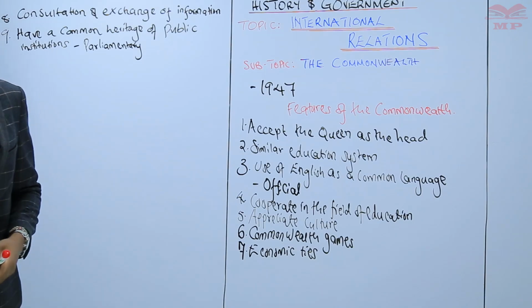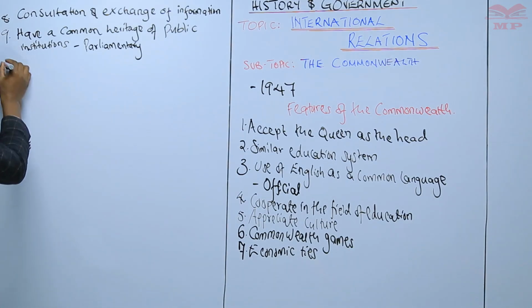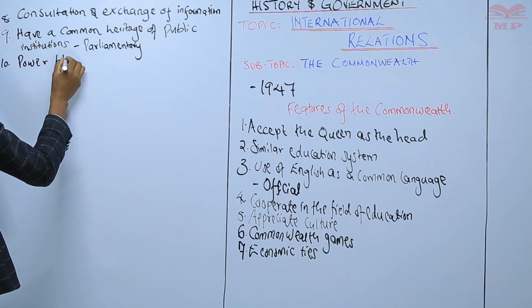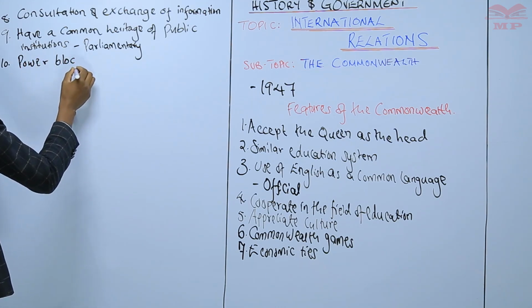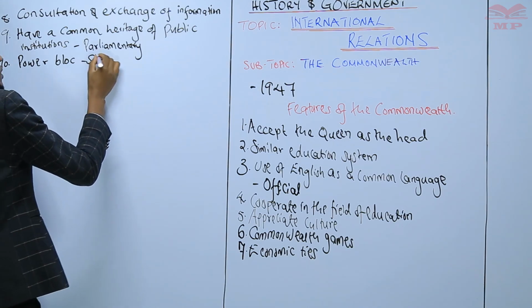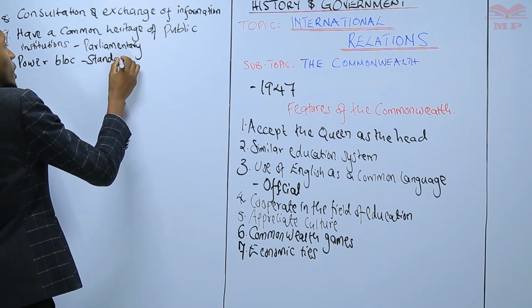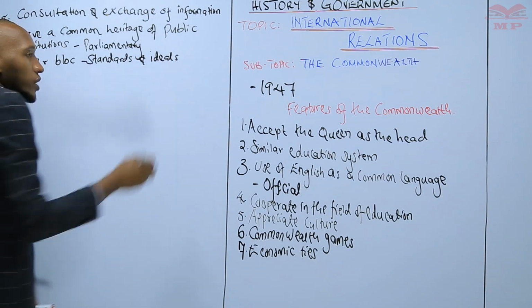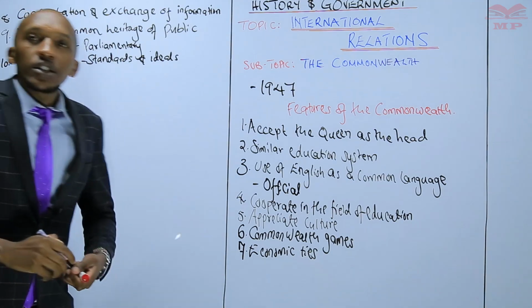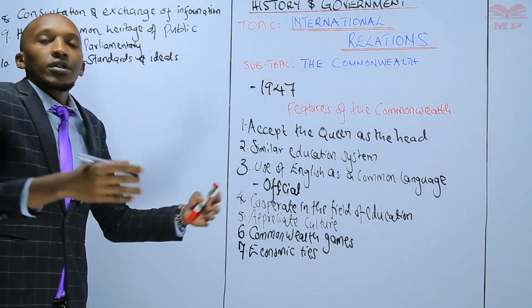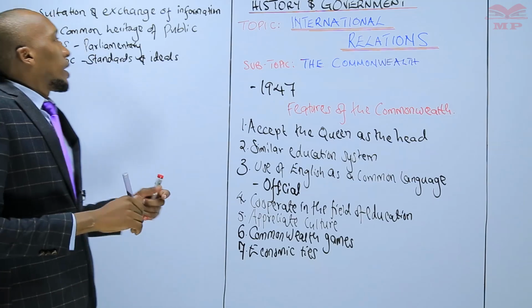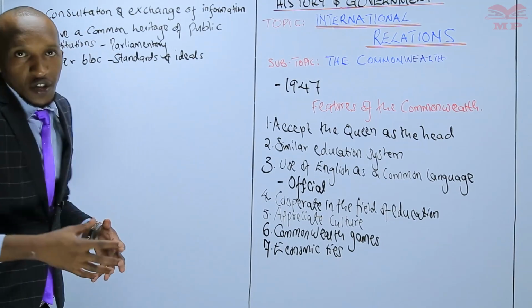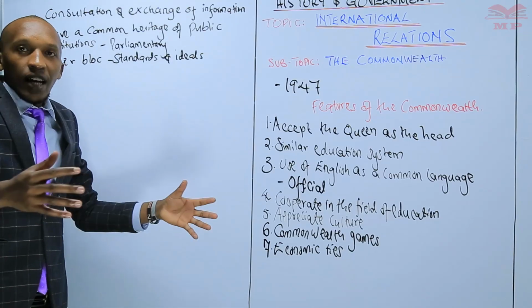And then lastly, they form a power block. They formed a power block that has standards and ideals. So the Commonwealth became a block. The countries became a block that makes decisions together and acts as a block.